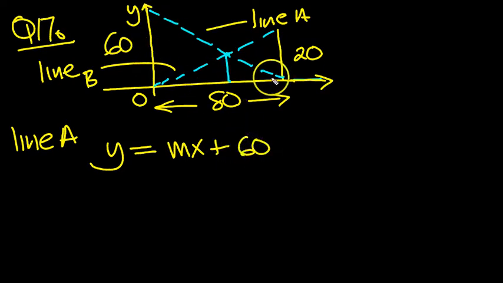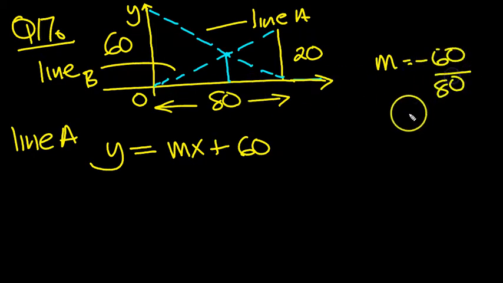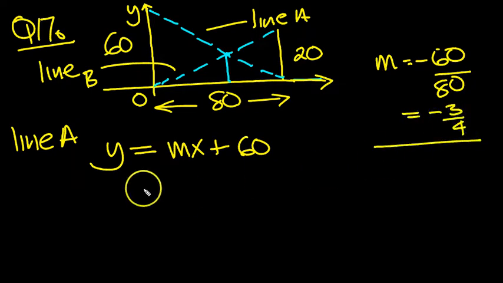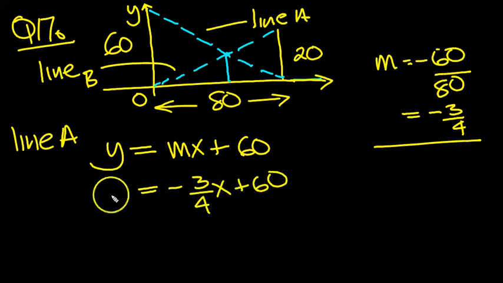The gradient here is a negative gradient. You've got a triangle underneath it here, so the increase in y is 60 down, which is minus 60. So m equals minus 60 down. How much do you go across? 80. So m equals minus 3/4. So y equals minus 3/4 x plus 60.